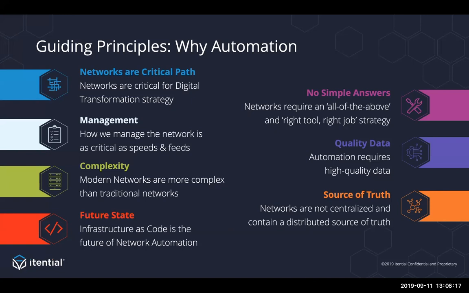So we believe how you manage your network is becoming at least as important as the bandwidth of the network. And we're seeing, especially with a lot of the modern networking concepts, the amount of flexibility, the amount of orchestration, the amount of machine programmable interfaces really provide us the ability to get the most out of what your network is today, especially as you adopt these modern network concepts.